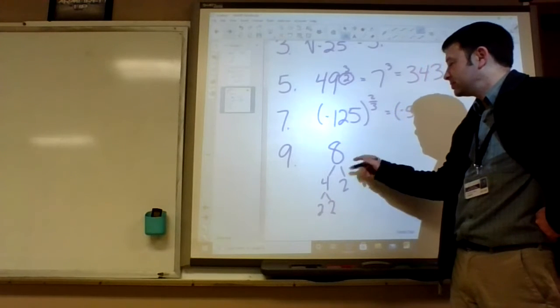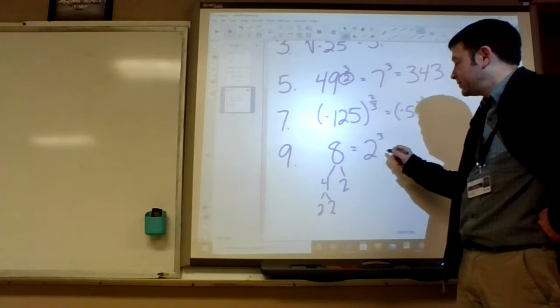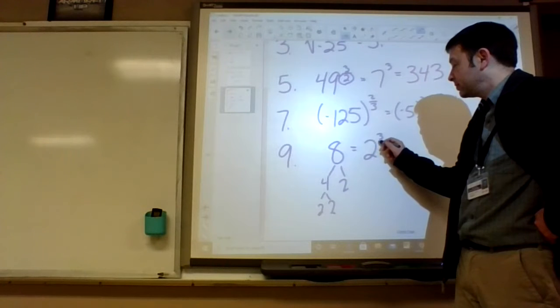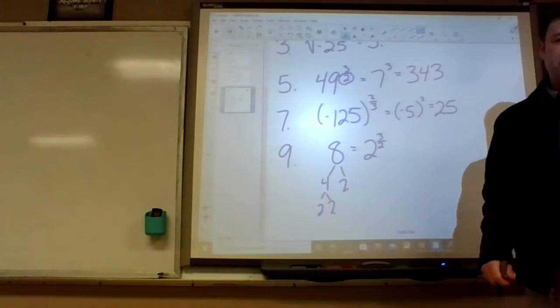So it's 2 to the 3rd, right? And then if you take the square root of that, what's that look like in fraction form? 3 over 2. So that'd be like 2 to the 3 halves.